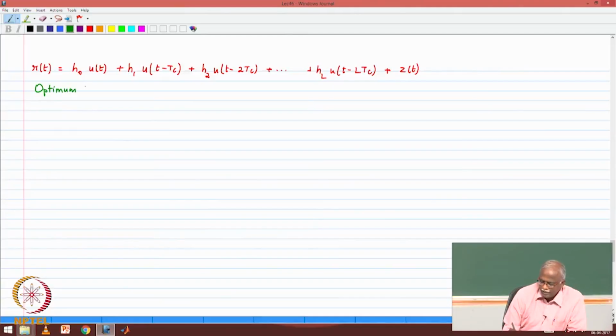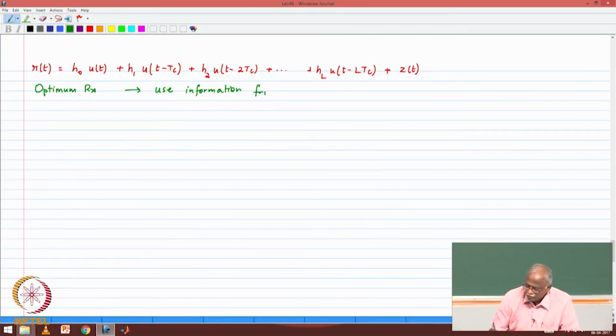This is my optimum receiver, such that we will just impose the following obvious constraints: use information from all copies of the signal, and of course with the intent that you are going to maximize the SNR.